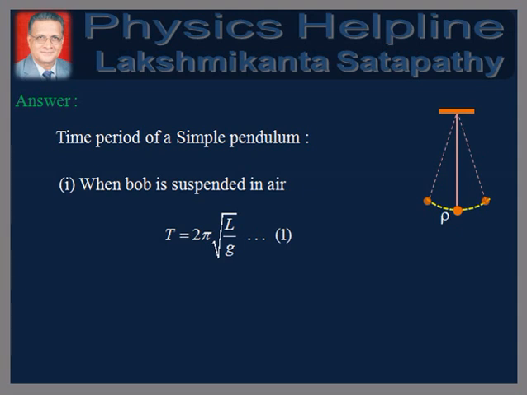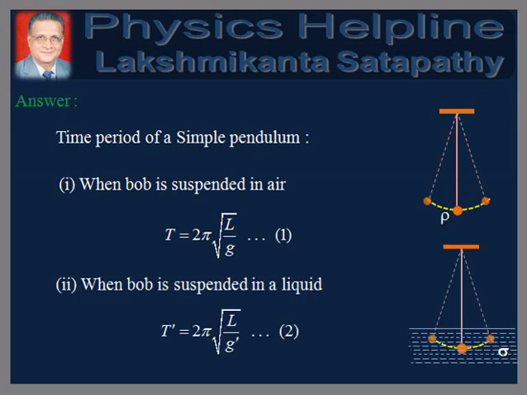When a simple pendulum is suspended in air, its time period of oscillations is given by t is equal to 2 pi root over L by g, where L is the length of the pendulum and g is the acceleration due to gravity.